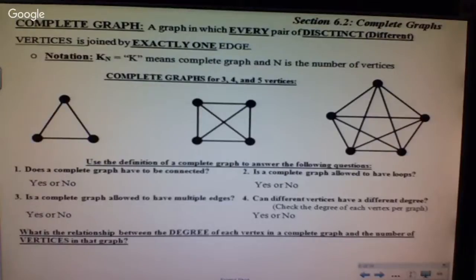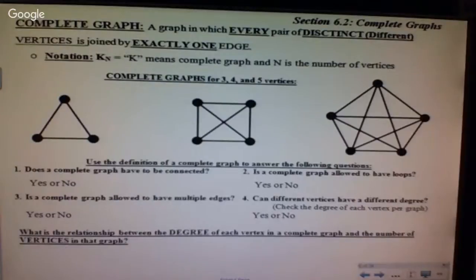All right. So, in a complete graph, every pair of distinct vertices is joined by exactly one edge. So in other words, at every vertex, there has to be an edge that reaches out to every other point.